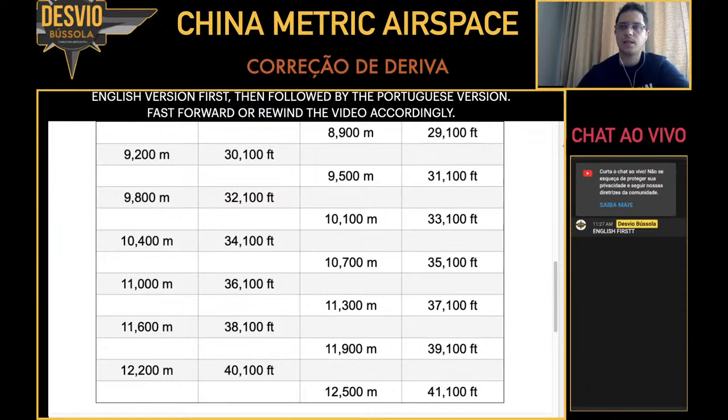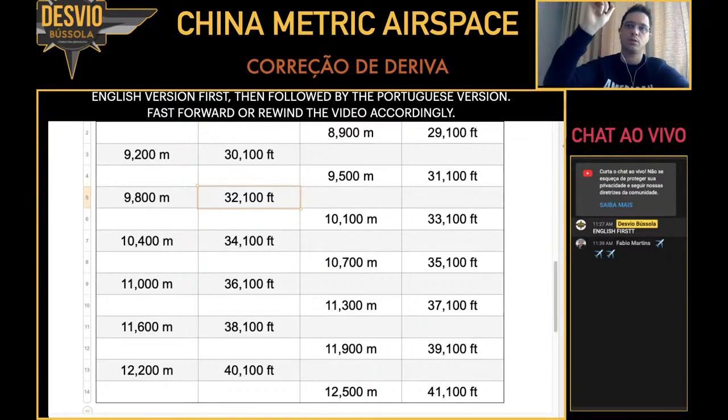Let's say ATC tells you to climb to 9,800 meters. You come to this table, you see 9,800 meters, and then you tell your partner that it is 32,100 feet. Your partner will check and will tell you verified, and then you select 32,100 feet on the MCP or the FCU, and then you say 321 set, and he will confirm with checked.